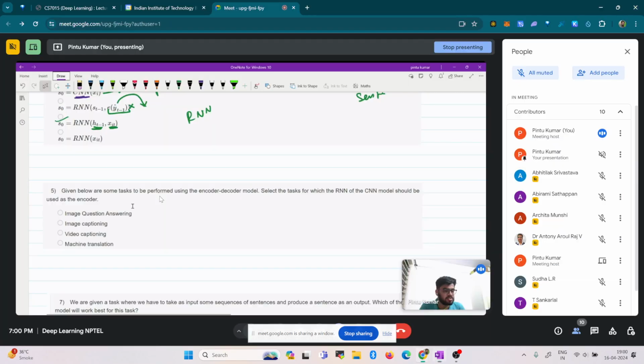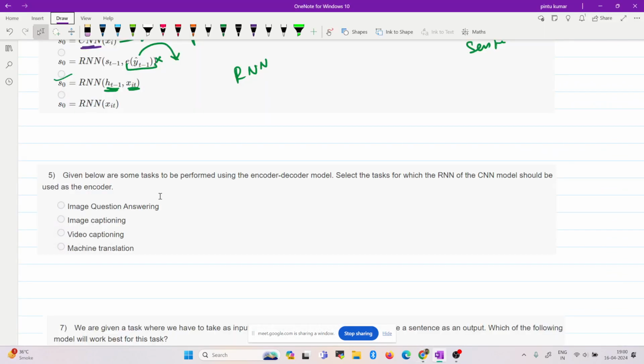There is a similar question. I expect you guys to please at least type it in the chat box after reading the question, whatever option you think is correct. The task here is, given below are some tasks to be performed using encoder-decoder module. Select the task for which RNN of the CNN model should be suitable. RNN of the CNN should be used as an encoder.